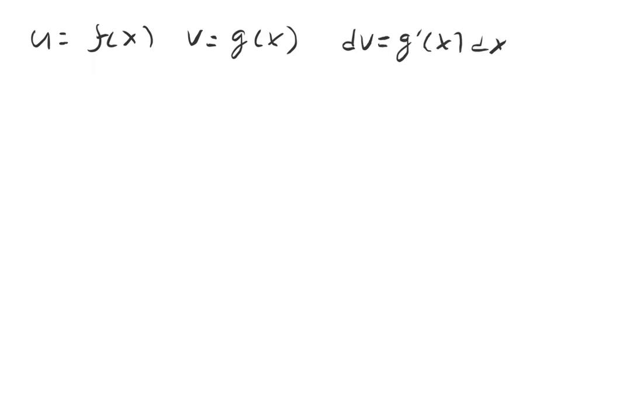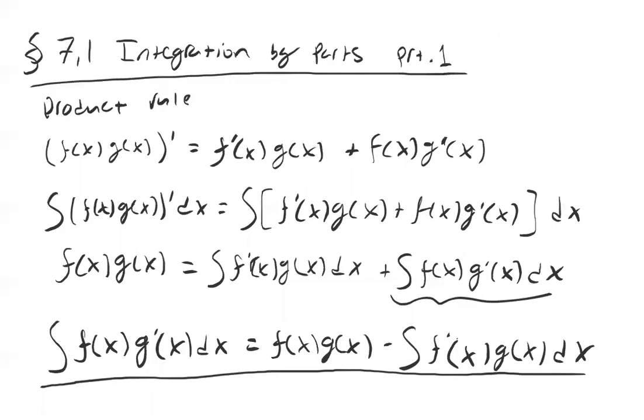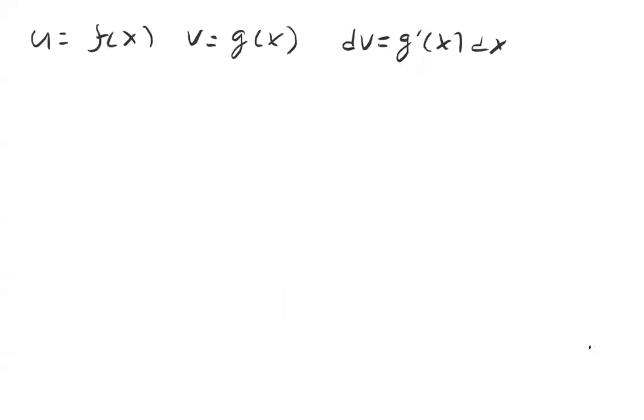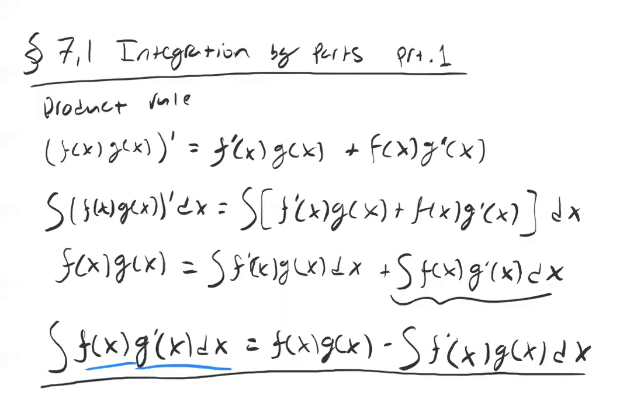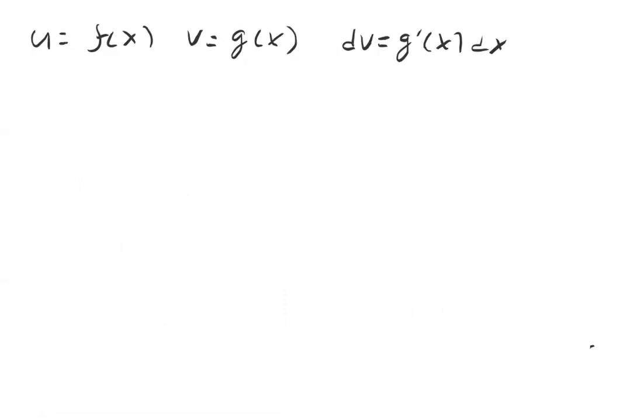I know it's not super easy with this Zoom thing, but if you look back, here we have g prime of x dx. So we have then that the left-hand side is the integral u dv.